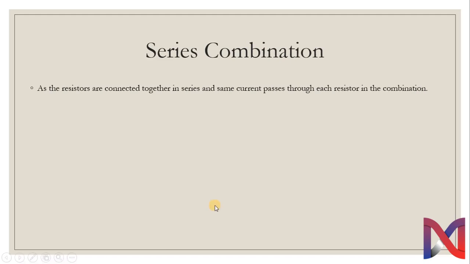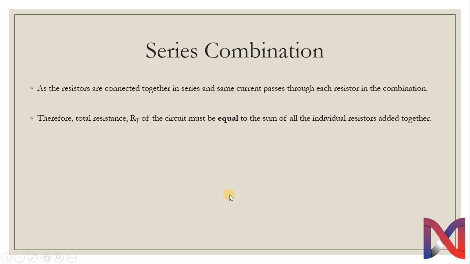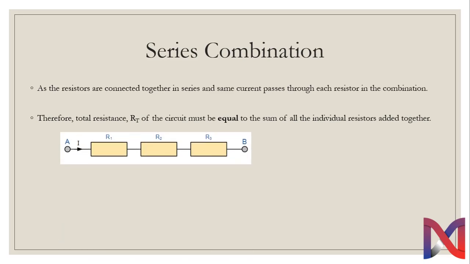As the resistors are connected together in series and the same current passes through each resistor in the combination, therefore total resistance RT of the circuit must be equal to the sum of all individual resistors that are connected in the combination.